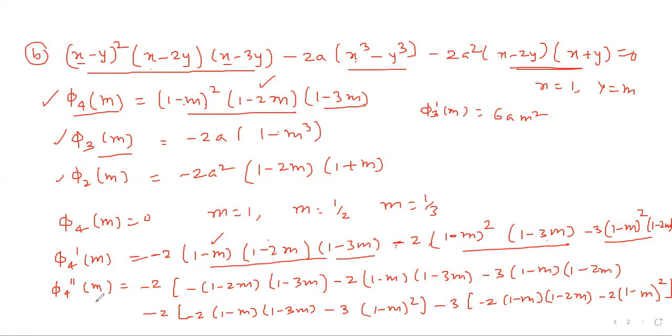So phi 4 double dash m can be found by putting m equal to 1, because we have got the values of m, three values: m equal to 1, m equal to 1 by 2, m equal to 1 by 3. So let's evaluate.